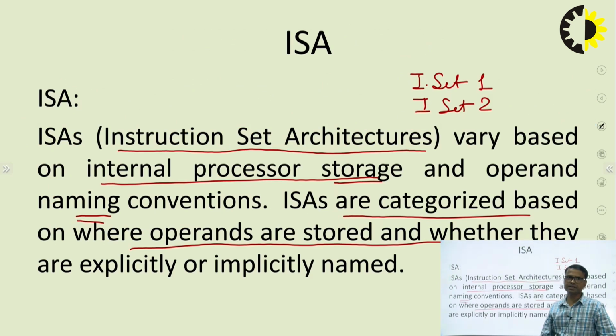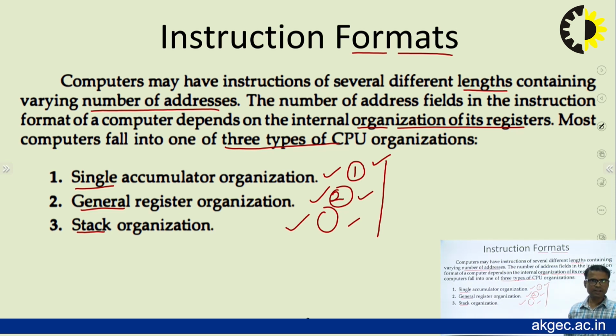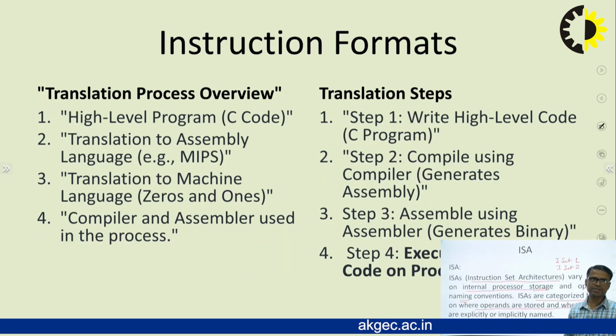Similarly, with instruction set architecture, ISAs are categorized based on where the operands are stored and how explicitly or implicitly we access their data. Based on the addressing scheme, the length, and the operations that are performed, we can classify the computer in terms of different organizations and instruction set architectures.